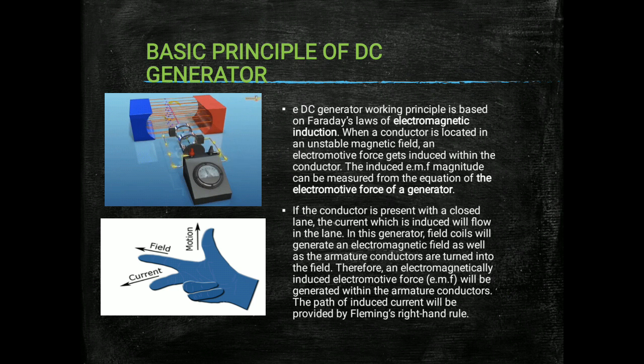And also from Fleming's right hand rule we can see the motion of the conductor, the magnetic field direction, and the direction of the current which is fed to the load circuit from the armature where the voltage is induced.